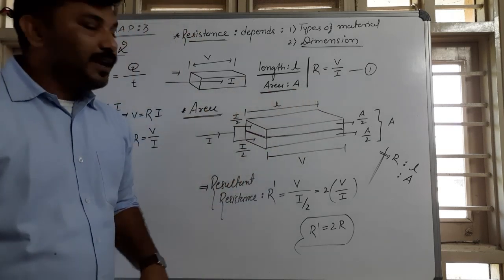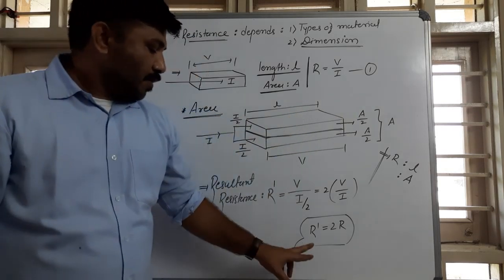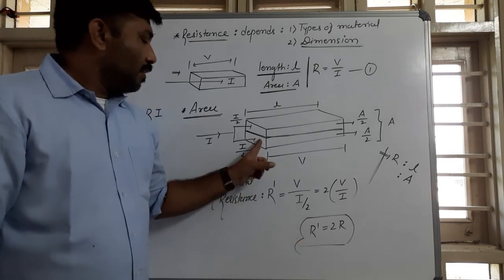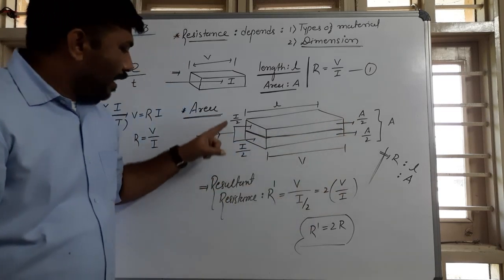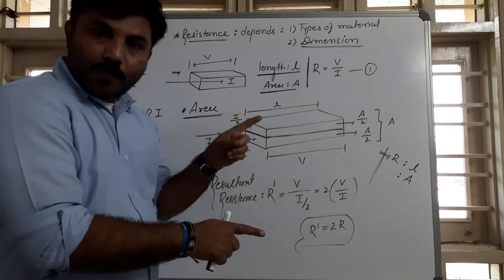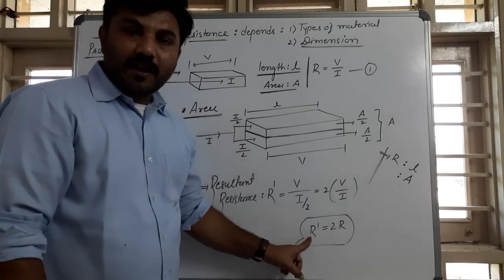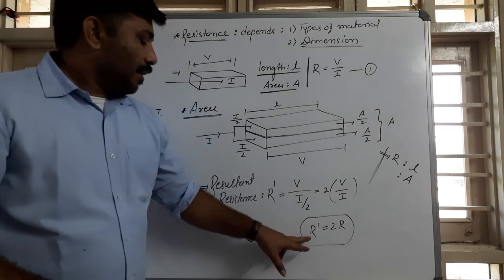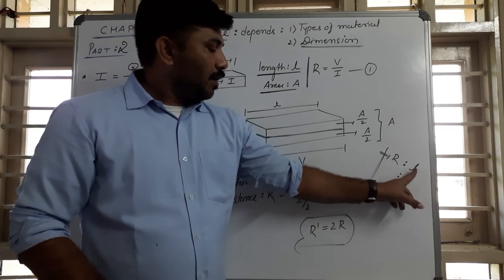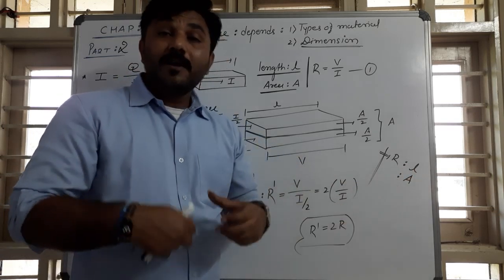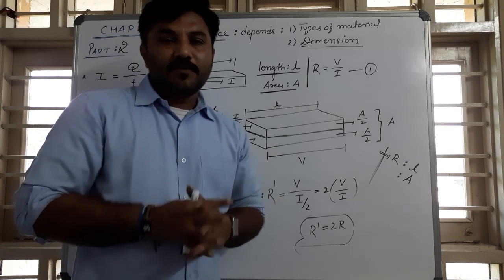In the first part, we saw two conductors of the same length, and at that time also we got the same result. Here the area becomes half, then the electric current is also divided into two parts, I by 2 and I by 2, and again we get the same result. It means the resistance of a conductor depends upon L and depends upon A. How does it depend? Directly proportional or inversely proportional? That we will see in the next video. Thank you.